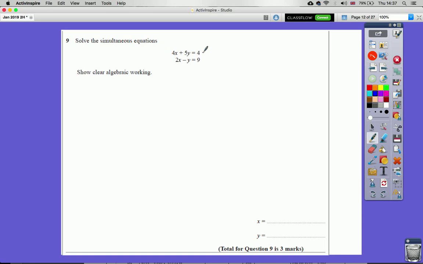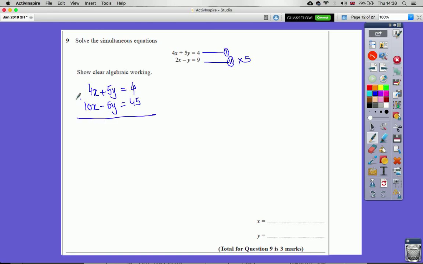I'm going to call that equation number 1, and that's equation number 2, and I'm going to multiply equation number 2 by 5. So I have got 4x plus 5y is equal to 4. That's my first equation. My second equation is going to be 10x minus 5y is equal to 45.